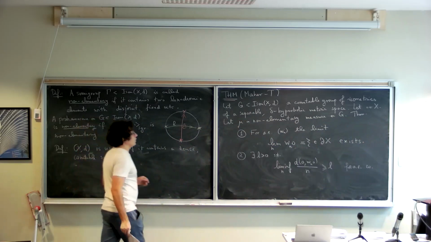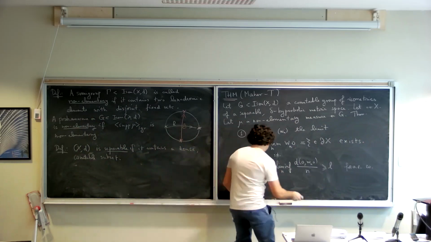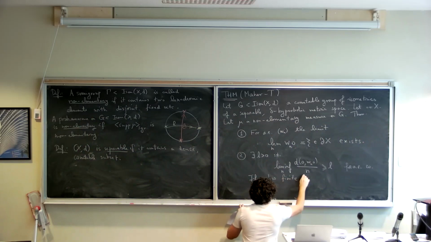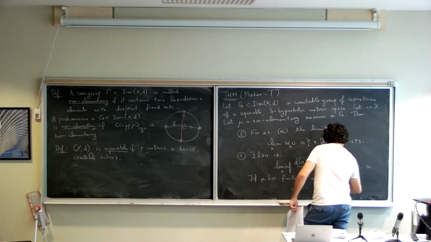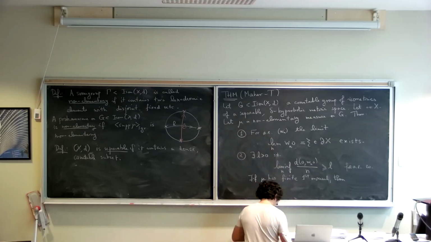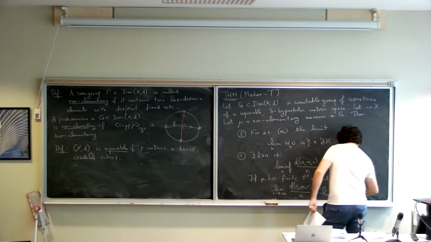Well, the existence of the limit, the drift, is more or less equivalent to the finite first moment. So if mu has finite first moment, then indeed the limit exists almost surely.